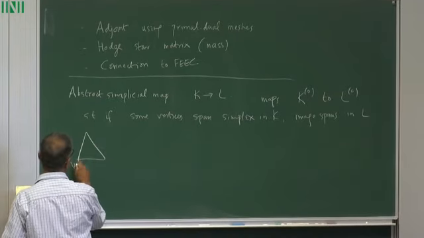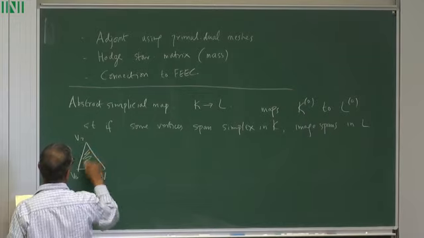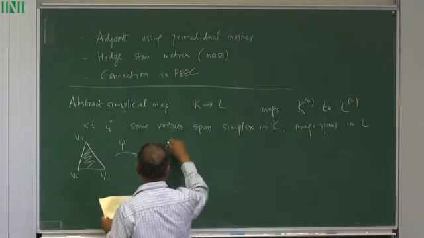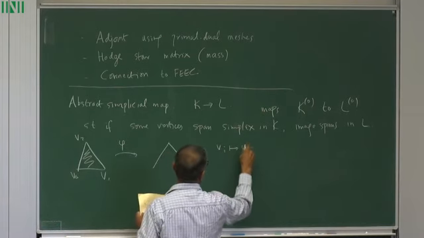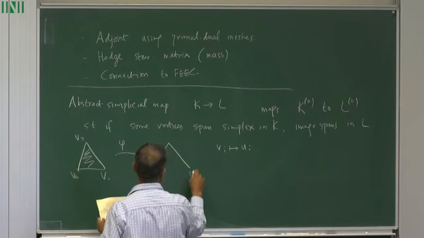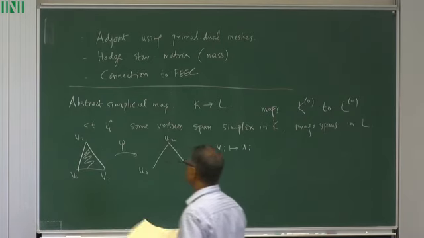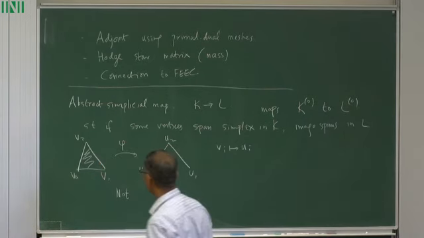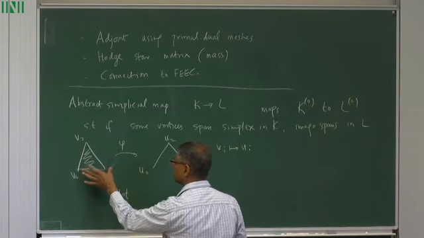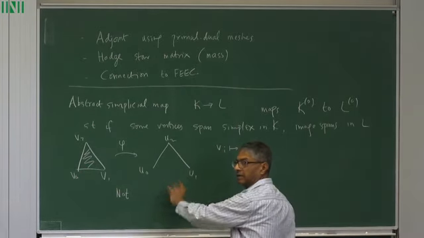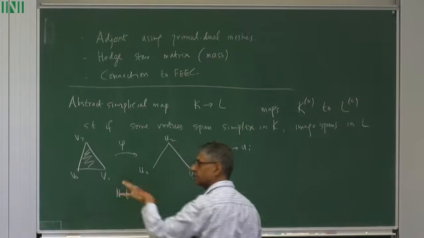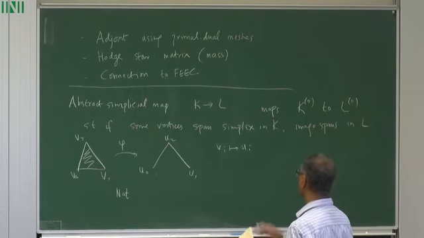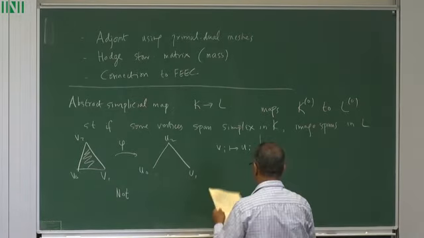So for example, if you have vertices V0, V1, V2, and the triangle is included, and you have a map phi such that Vi goes to Ui, and you have U0, U1, U2, then this is not an abstract simplicial map, because these two vertices span an edge and they don't span an edge here. So somehow it keeps things in the same simplex nearby in the destination.